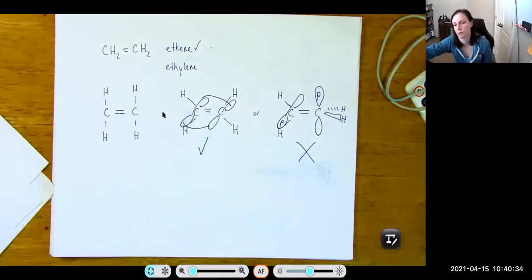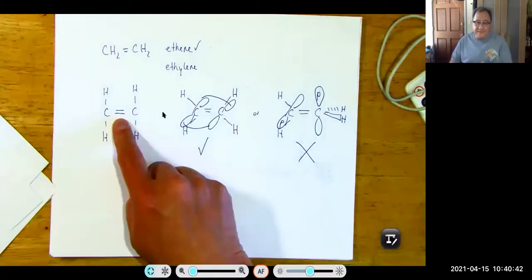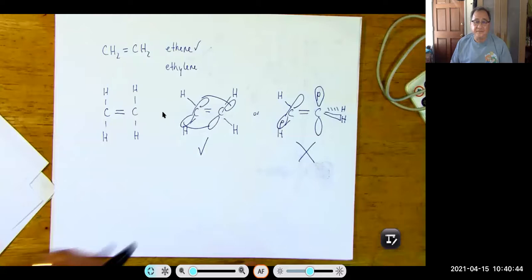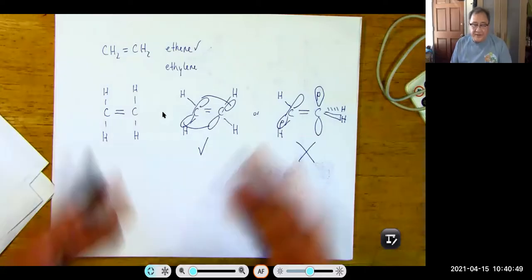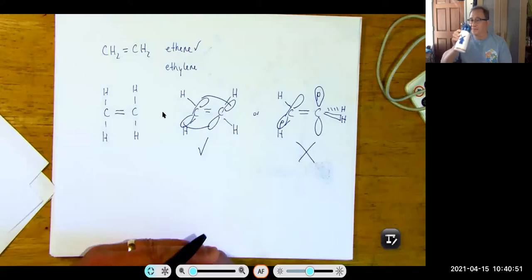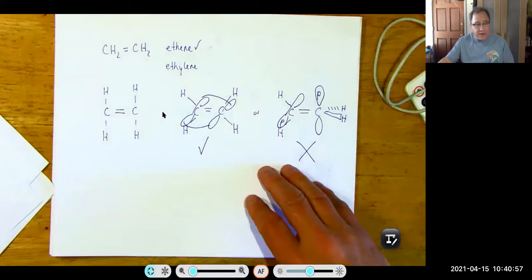Yes, because they're parallel to each other. If they're not parallel, they can't bond. So guess what that means for this molecule? It can't twist. You have to do special reactions to make it twist. And that leads to a type of geometric isomerism that's possible.